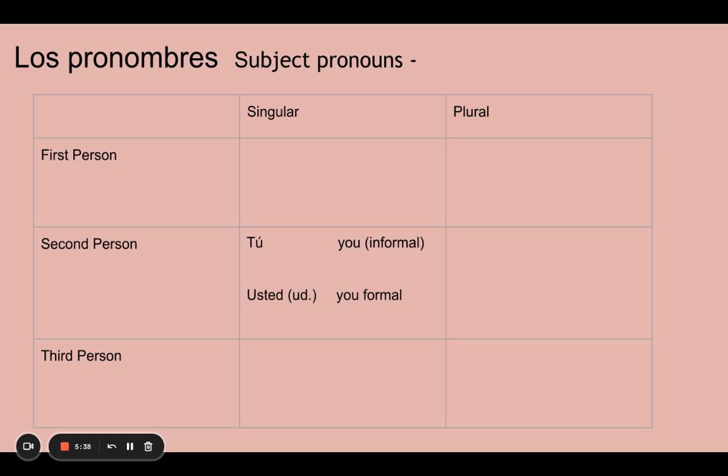Usted, or UD with a period, is you formal. Okay, it's you formal. So it's when I'm talking to somebody that's not my friend, that's older than me, that I should have respect for. You guys would be when you're speaking to your teachers.